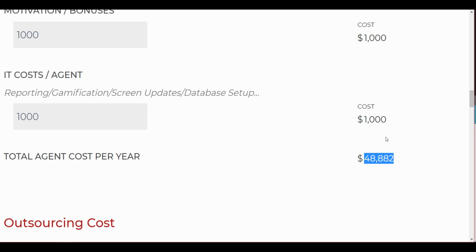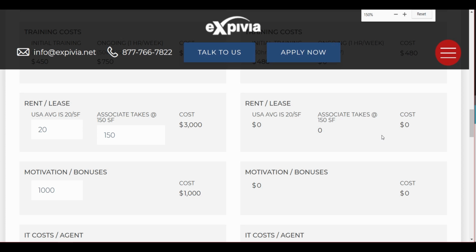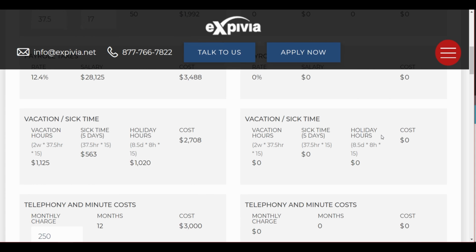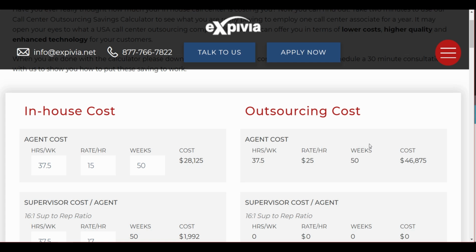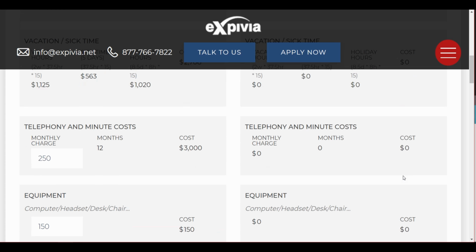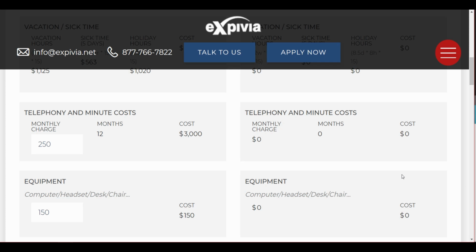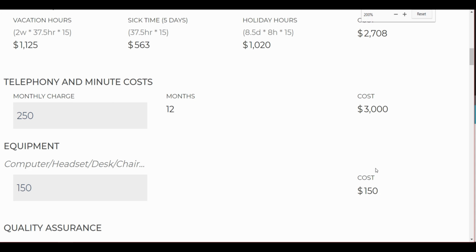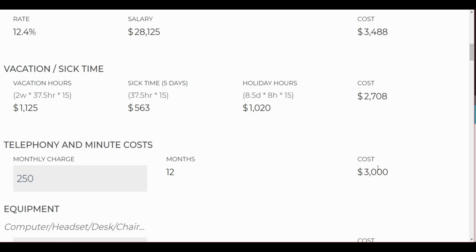On this as well, I didn't get into this because I'm not trying to sell anything here, but we do have, on the other side, the cost for outsourcing and some of the other things that you would be paying. But I just wanted to focus today on you being able to do a quick cost analysis on your contact center.